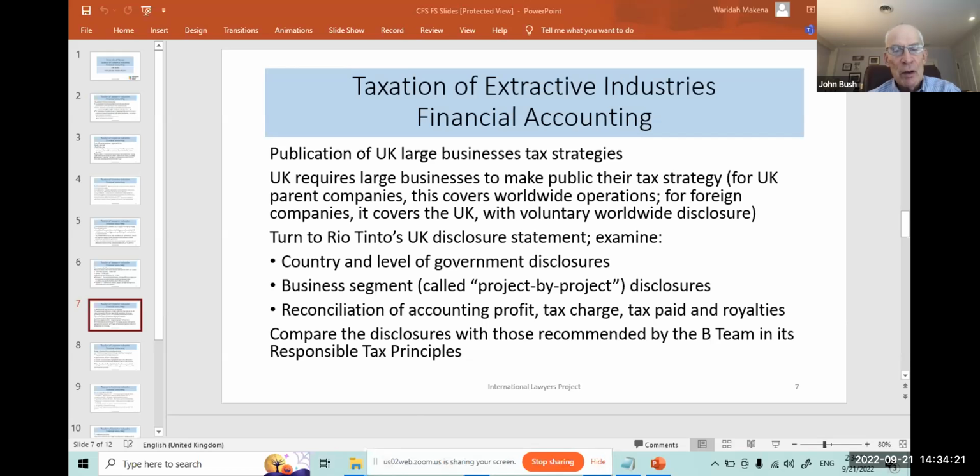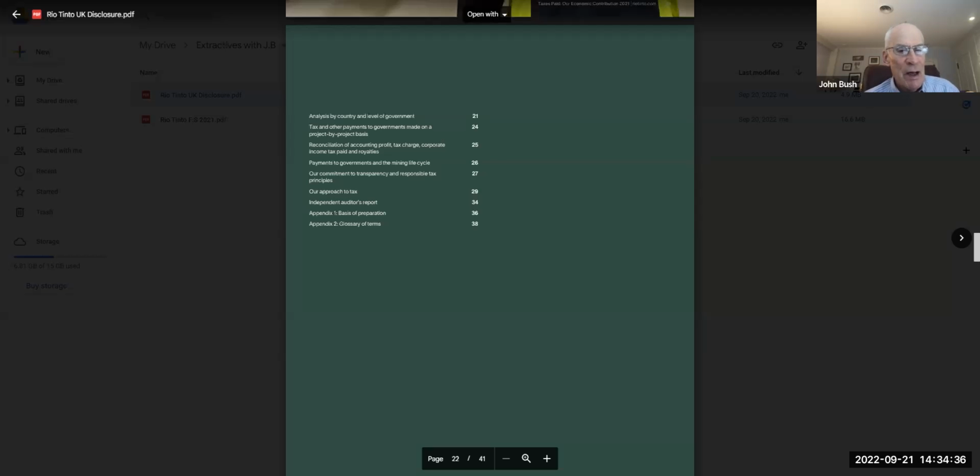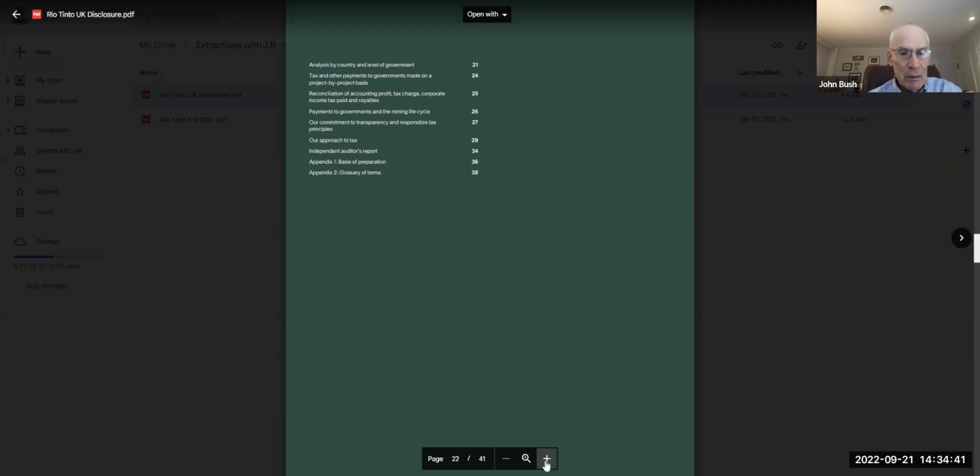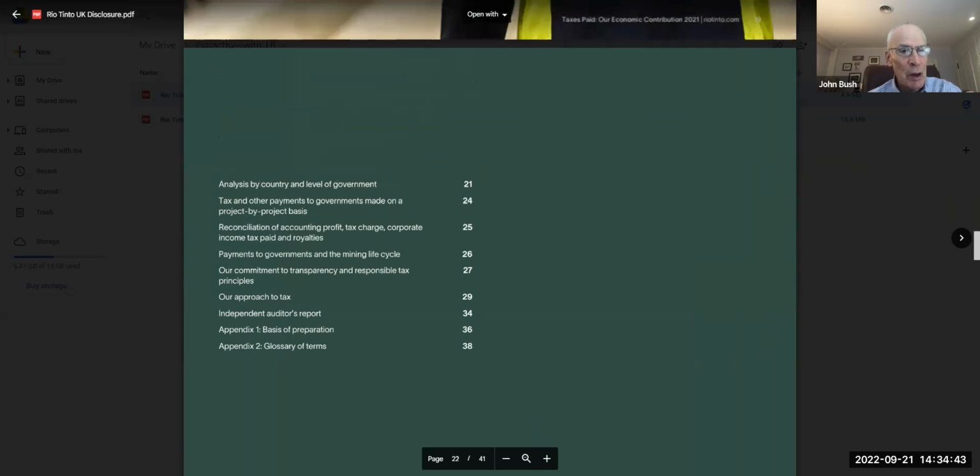It's quite fascinating. Rio Tinto is a member of something called the B Team, which holds itself out as paying their correct amount of tax, and they are fairly proud of it, to be honest.